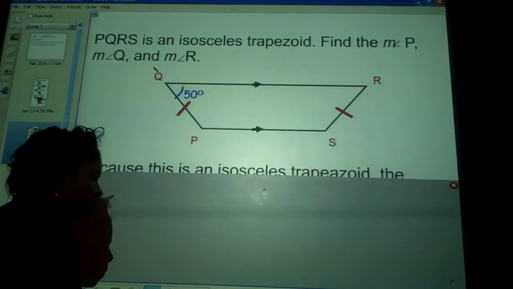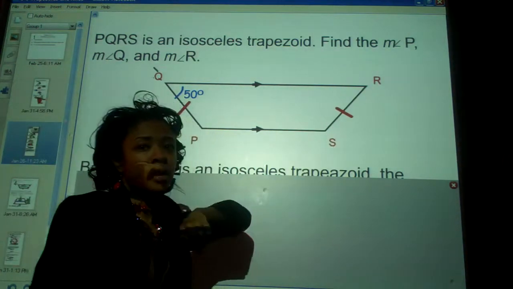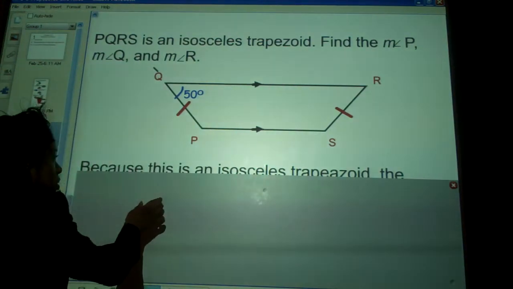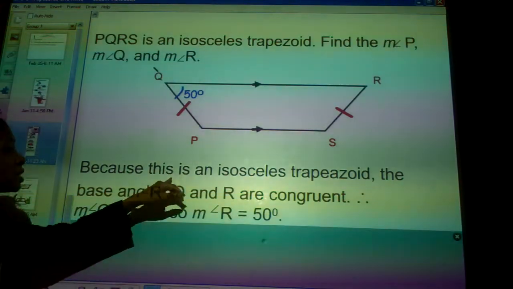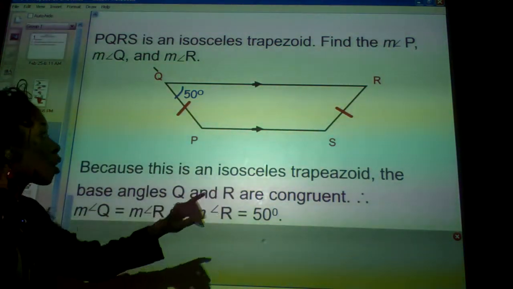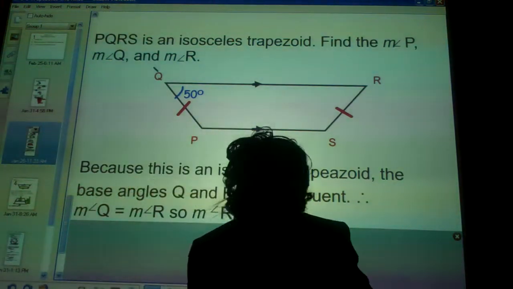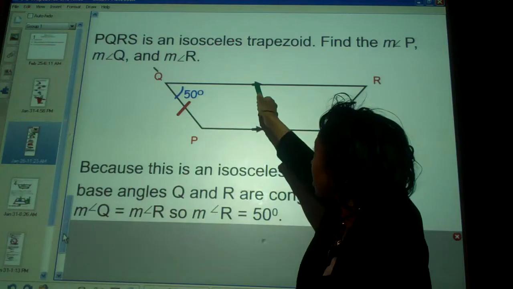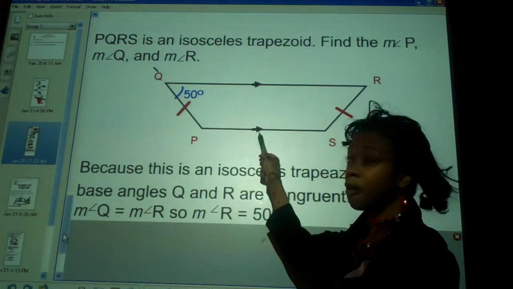First of all, we know that on a quadrilateral, those consecutive angles, and I'm bringing this information because it looks like I typed it here. Because it's an isosceles trapezoid, the base angles Q and R are going to be congruent. I see that QR is a base and PS is a base because they're both parallel.